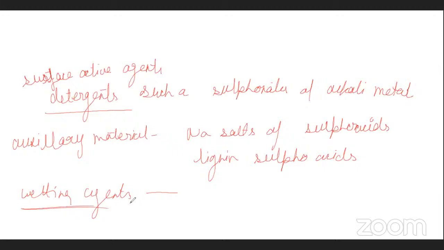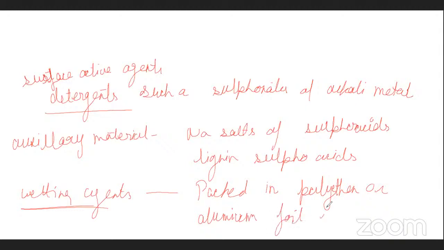Okay, these wetting agents usually increase the retention, and the examples are packed in polythene or aluminum foil liner papers. So it will increase the retention time duration of that chemical.